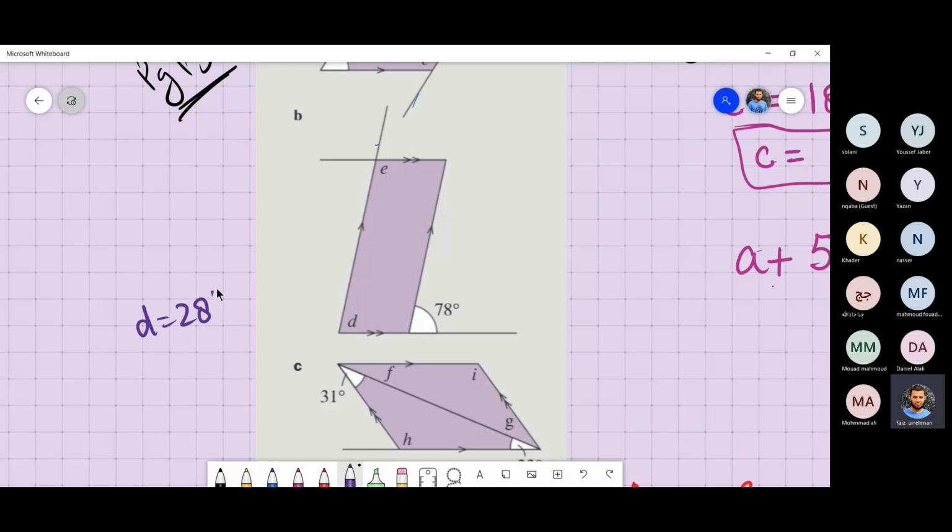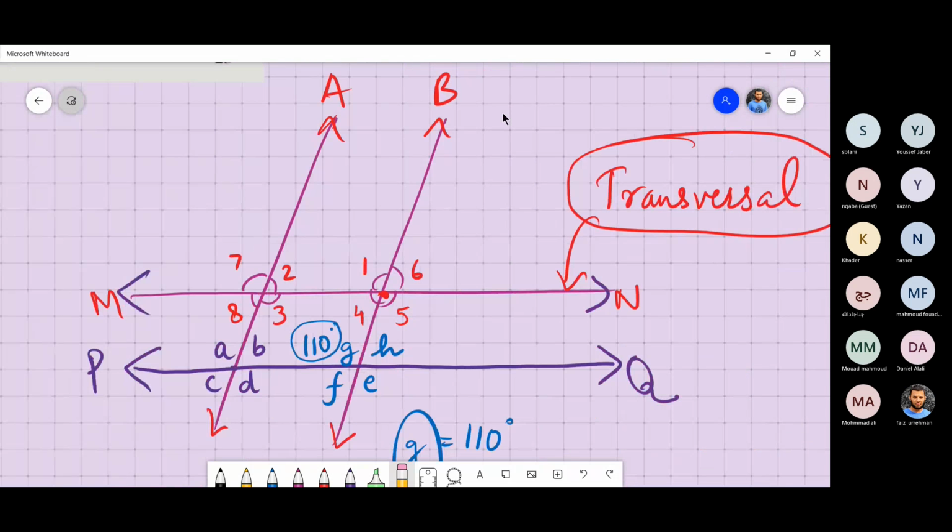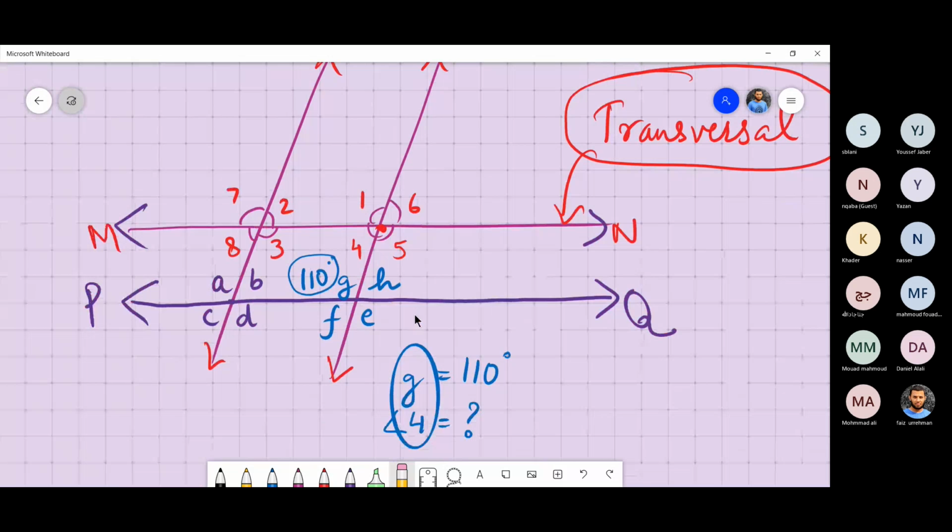Who wants to answer? I forgot, sir. I'll come back to this question. If angle H is 78 degrees, can you tell me B? What is the relation between H and B?